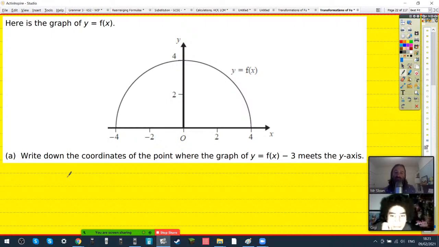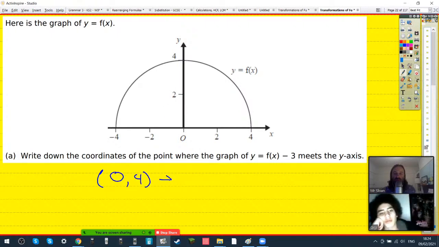Alright, how about this one? Write down the coordinates for the graph. Would it be 0 minus 3? Where's it starting from? Where's it cutting the y-axis? Oh. Would it be 0 minus 4? Well, it's starting up at 0 plus 4.